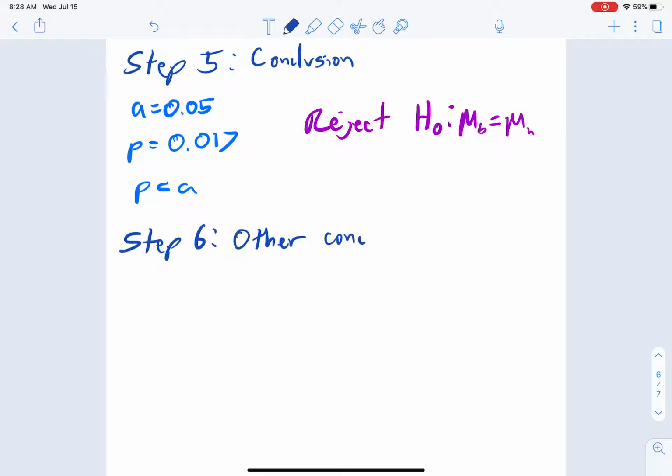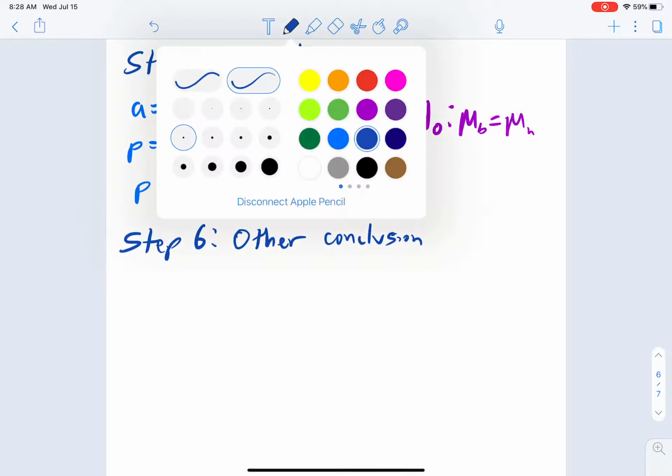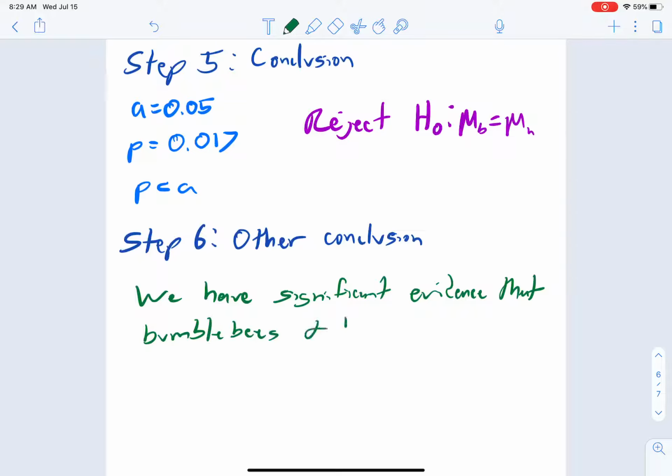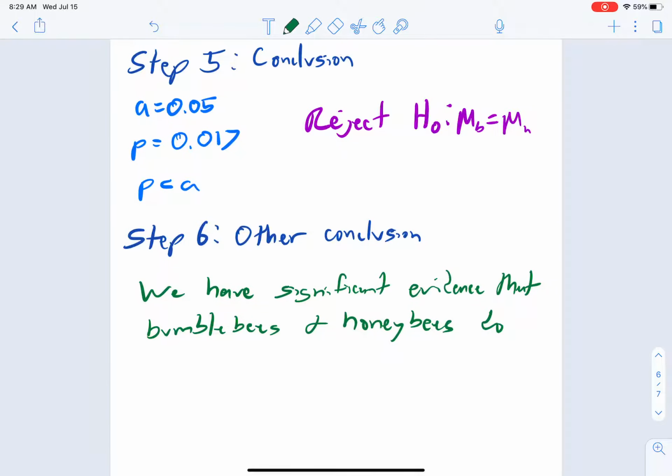Okay. We have significant evidence that bumblebees, cute, and honeybees, so cute, honeybees, do not spend the same time at flowers.